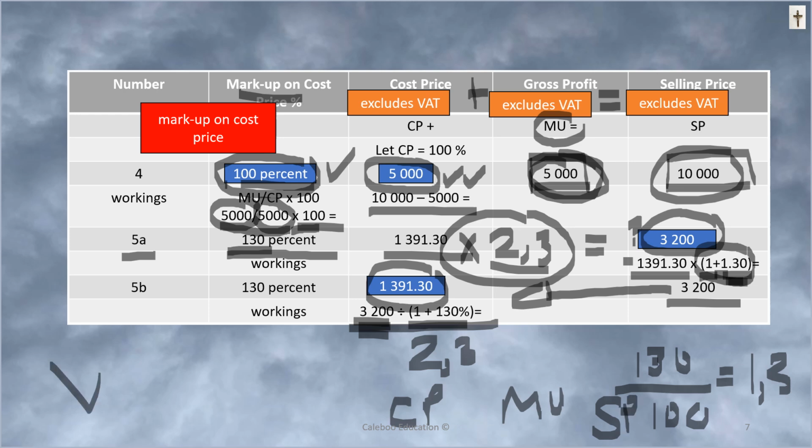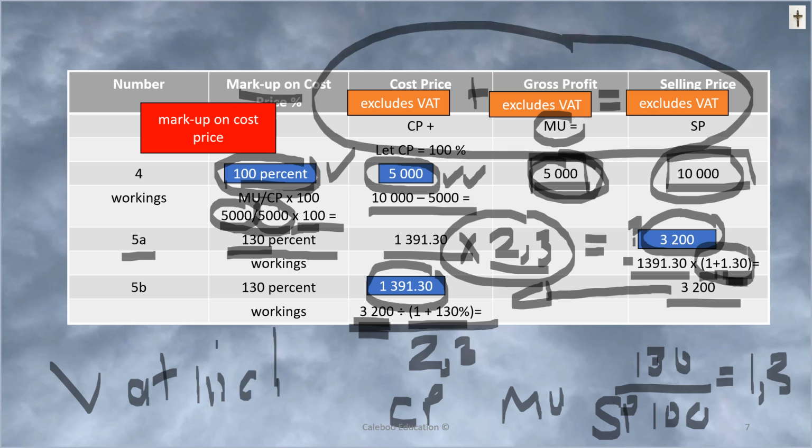If you're given VAT inclusive amounts, you first need to take off the VAT before you do these calculations, because what does it say there? Cost price, markup, and selling price, when we do these calculations, they exclude VAT. Remember, this is practice, practice, and more practice.